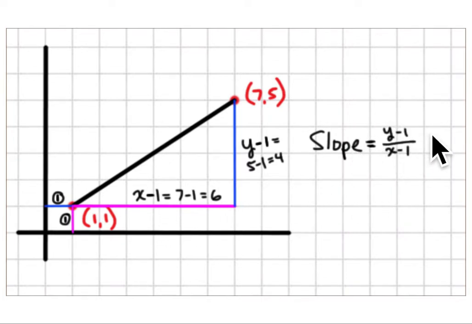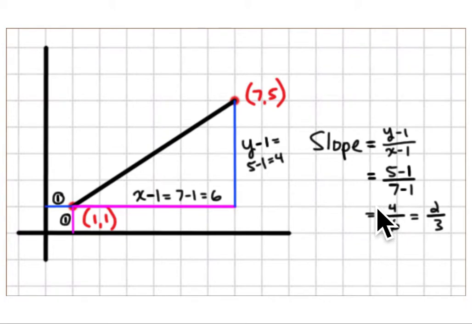So the slope is y minus 1 over x minus 1. Now we know what it equals: 2/3. It's 4 units along the y-axis and 6 units along the x-axis. That's a ratio of 4 to 6, which equals 2/3.